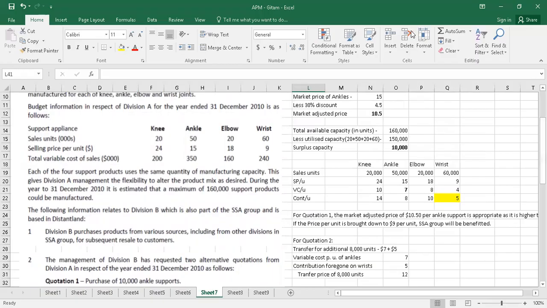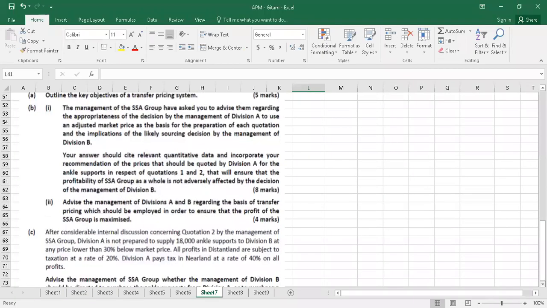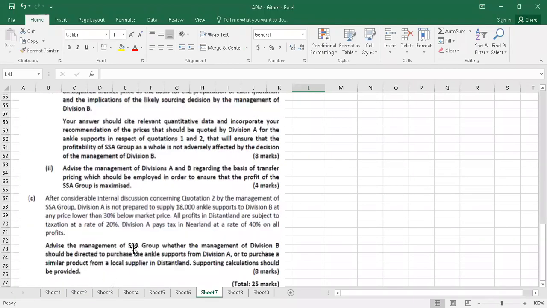If they are buying it from A, there are two important points. We are talking from SSA's point of view. We are not talking from division A or division B's point of view. Bit C says, advise the management of SSA group. So we are talking about the revenue of SSA group.